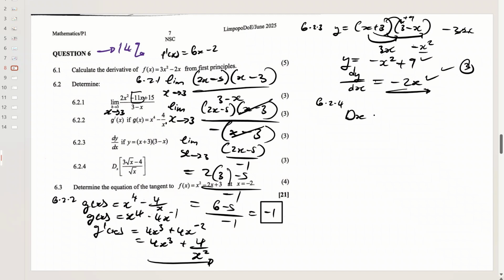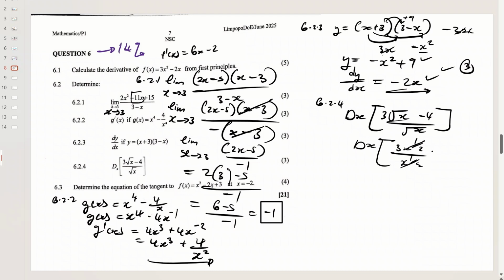So now we have dx, which is 3 times the square root of x minus 4 all over x. This is the same, not equal, we cannot take the derivative directly, so this is the same as 3x to the half all over x to the half. So this and this eventually go away.